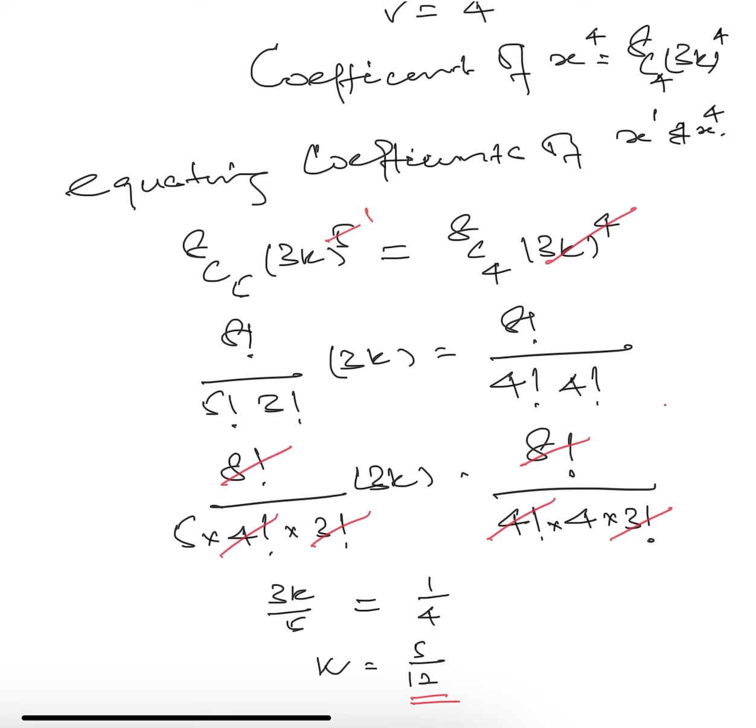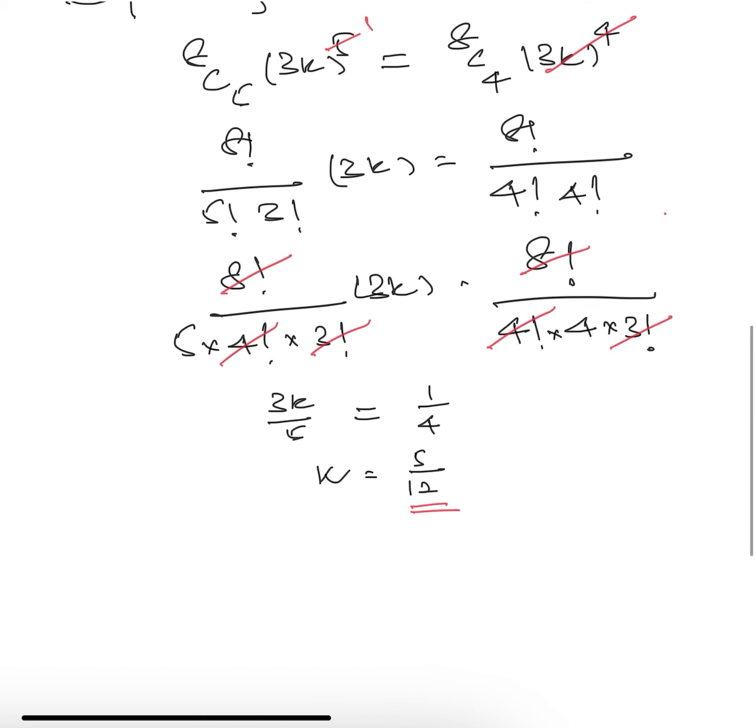Now on the left hand side, expanding it: 8 factorial divided by 5 factorial times 3 factorial, then 3k, equals the right hand side, 8 factorial divided by 4 factorial times 4 factorial. The 8 factorial in both numerators can be cancelled out. On the left denominator, instead of 5 factorial, I write 5 times 4 factorial, and 3 factorial as it is.